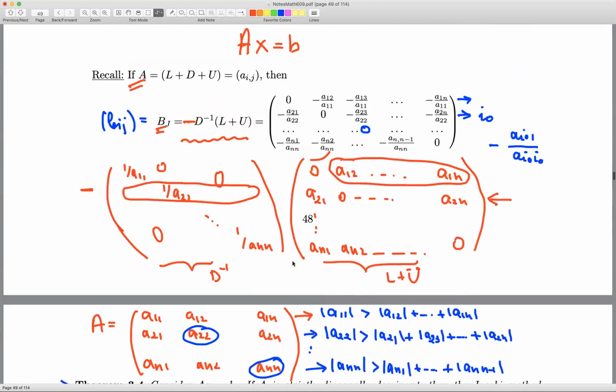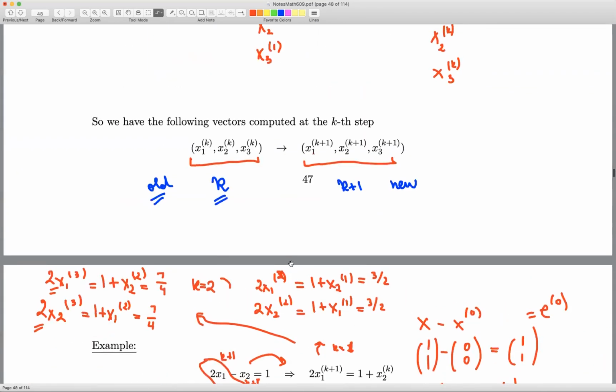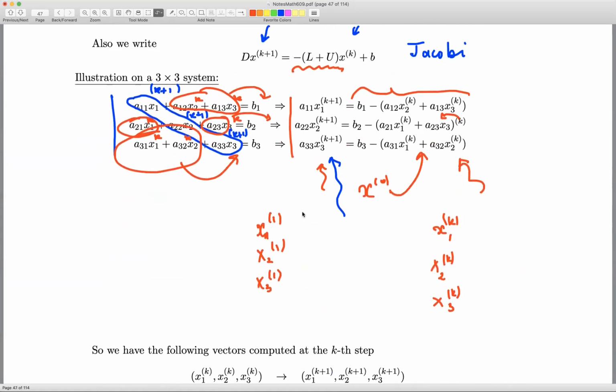And if you come here to see how it looks when we do the 3x3 matrix, this is exactly how to find the first component of the new vector. So this is x1 new.